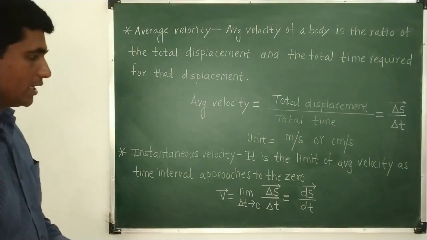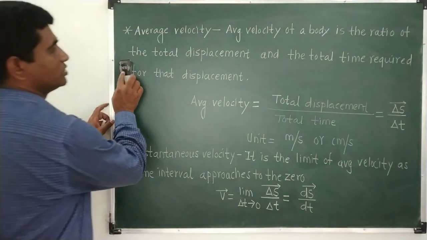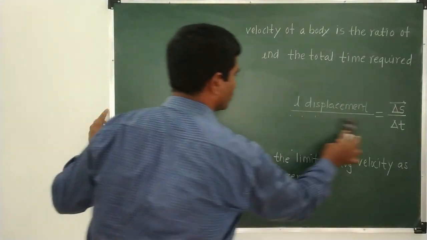So in other words, we can rewrite this instantaneous velocity like this. I'll write the definition over here.